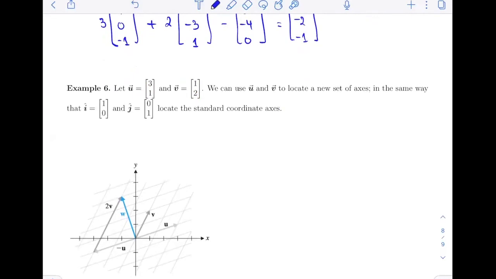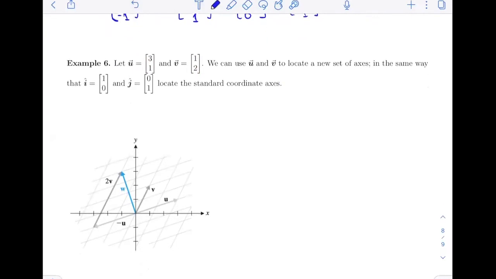In this particular example, what we can do is consider a new vector w equal to -u plus 2v.